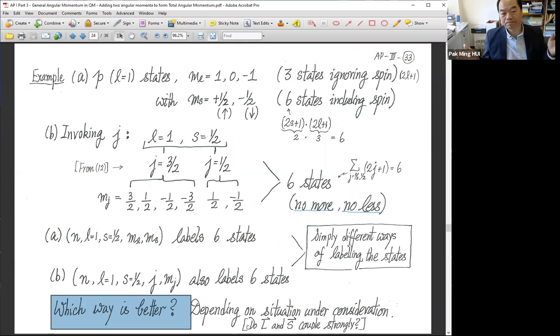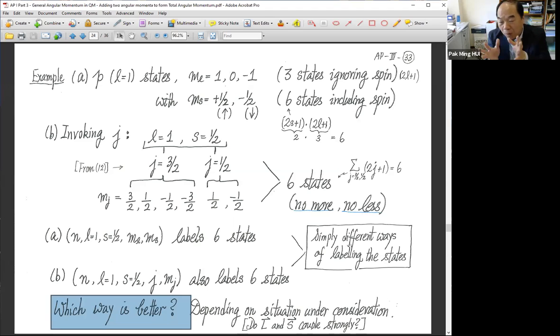For example, later on we will see that there is an effect called spin-orbit coupling, where the spin angular momentum couples to the orbital angular momentum through an additional term in the Hamiltonian.